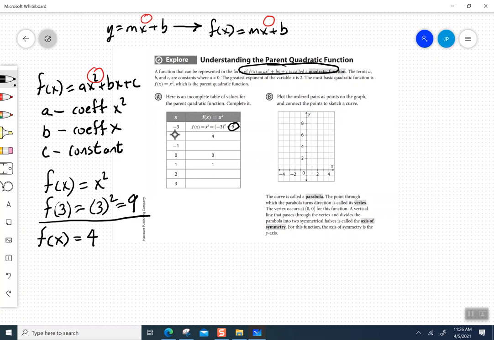So the only thing that's missing right here is a -2. So let's check it. f of -2 equals -2 squared, which is -2 times -2, and that gave you +4.